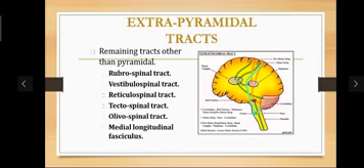In vestibulospinal, the fibers are starting from the vestibular nucleus. In reticulospinal, the reticular formation is present in the pons and medulla, so from both the areas the fibers will start. So this is pontine reticulospinal and medullary reticulospinal. Tectospinal is from the superior colliculus that is involved in vision.